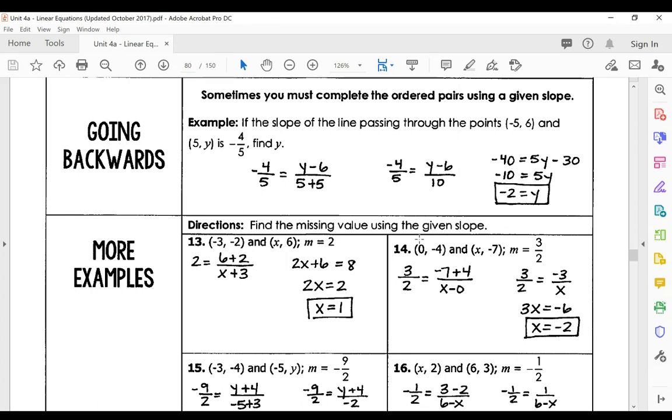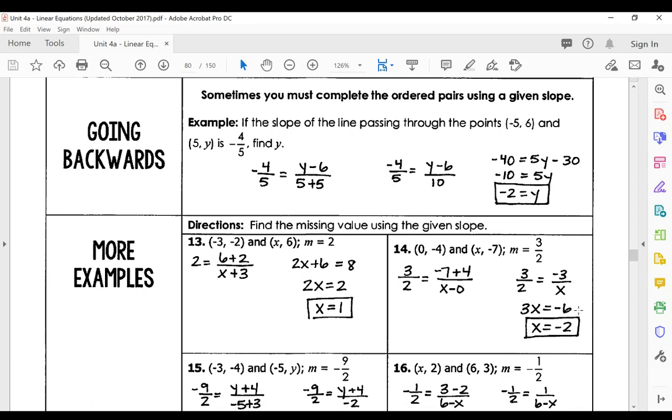So now I'm ready to cross multiply. In the numerator here, well, let's simplify it first. -7 plus 4 is -3, and x minus 0 is x. So this equation simplifies to 3 over 2 equals -3 over x. Now let's cross multiply. 3 times x is 3x, and 2 times -3 is -6.